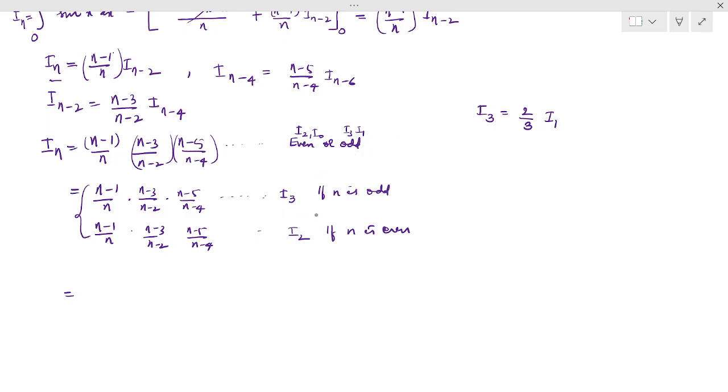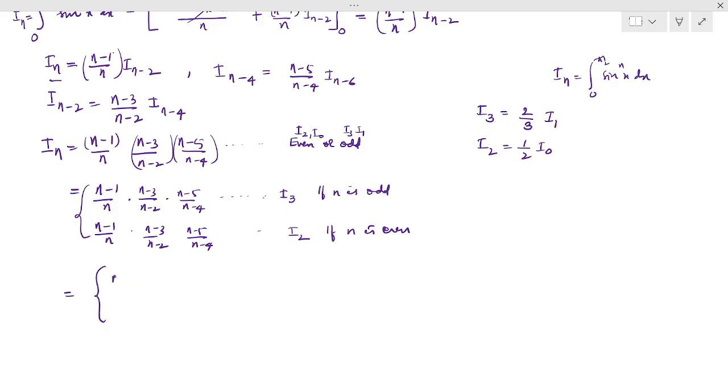Next, similarly, substitute n equal to 2 here, you will get I2. I2 is 1 by 2 times I0. As we know, what is In? In means the integral from 0 to pi by 2 of sin raised to n x dx.